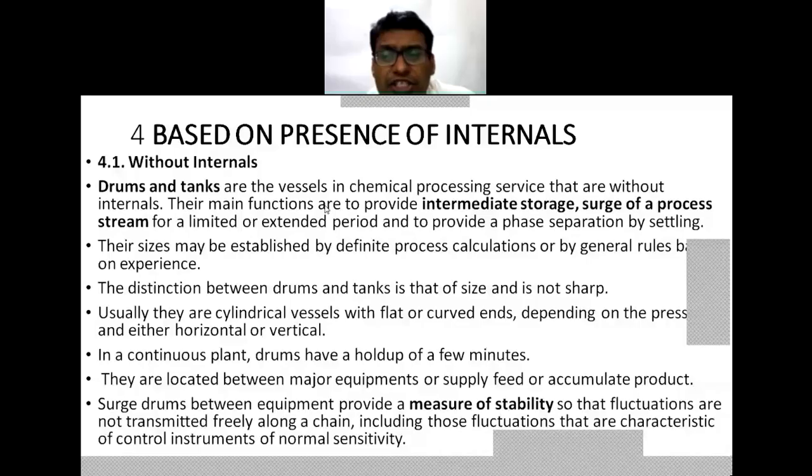The pressure fluctuations can be adjusted, so that the fluctuations are not transmitted freely along the chain. So before the reactor, there will be a surge drum where whatever vapors there will be, they will be adjusted with a uniform pressure. It also does the work of pressure regulation. That is what the surge drums are.